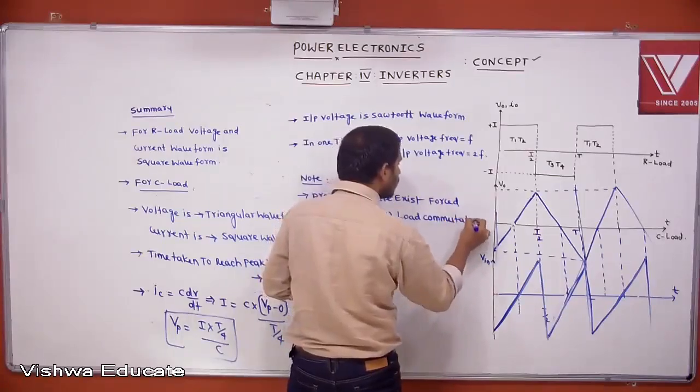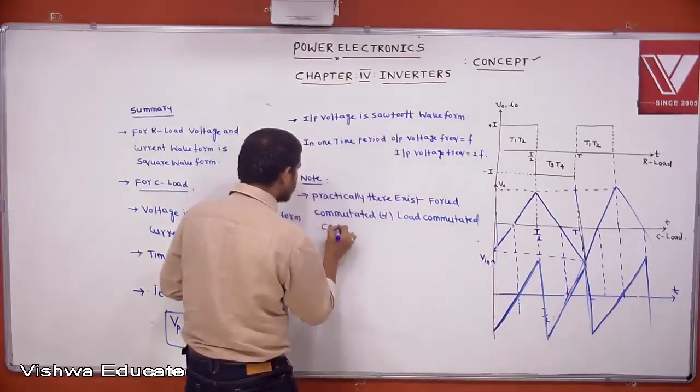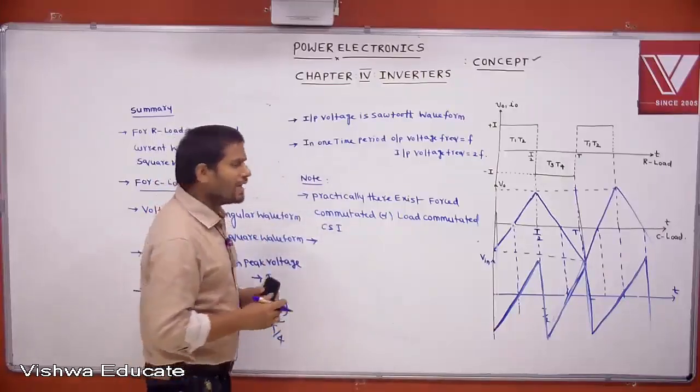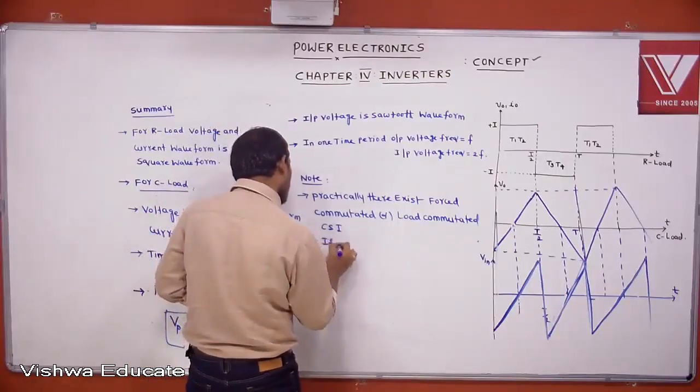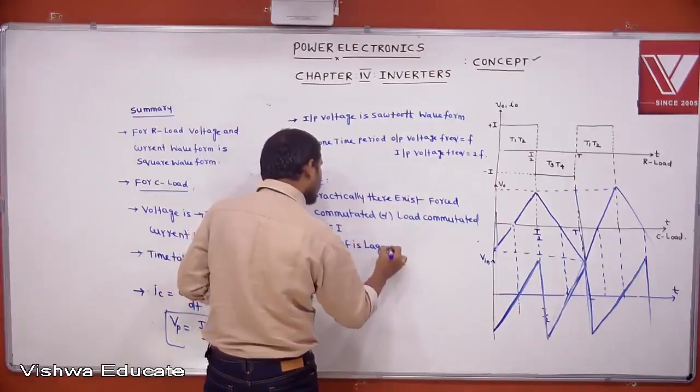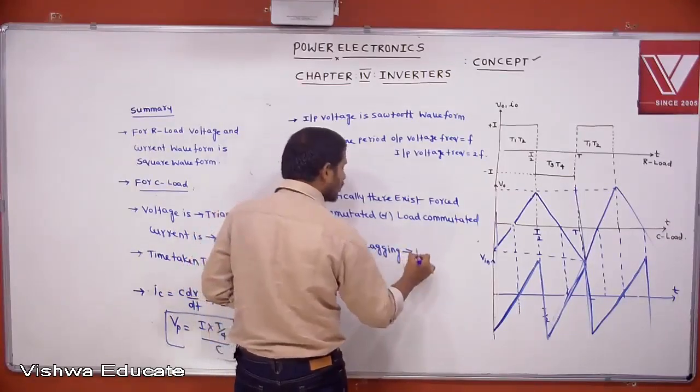Okay, load commutated CSI. The point to remember: if the power factor is lagging, then we can use forced commutation.